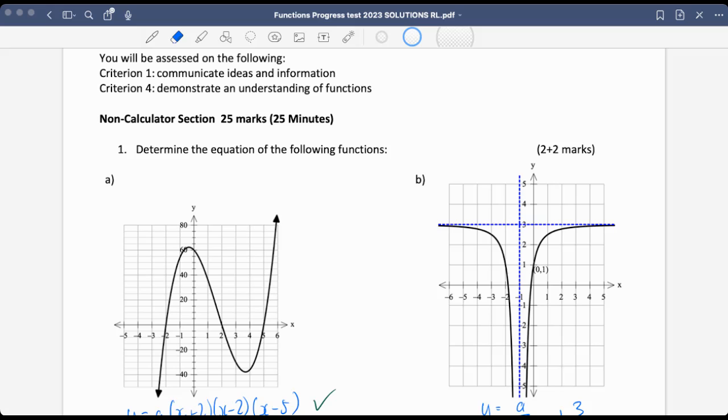So as long as you have factored it out, you can follow this order like I've got here, and it will work every time. Absolutely fine.